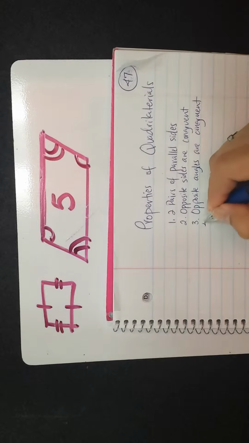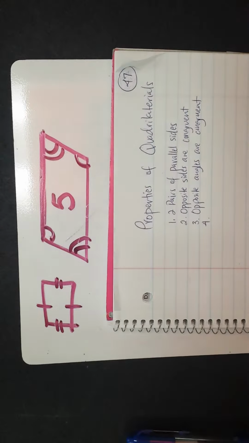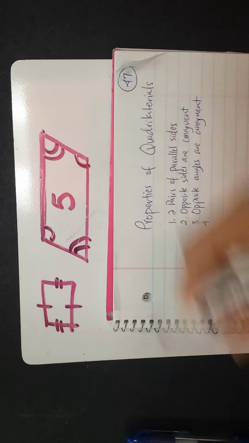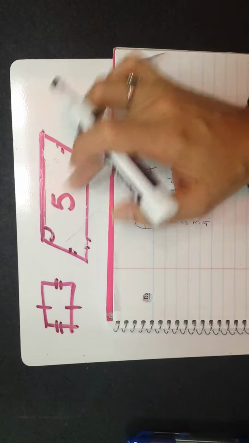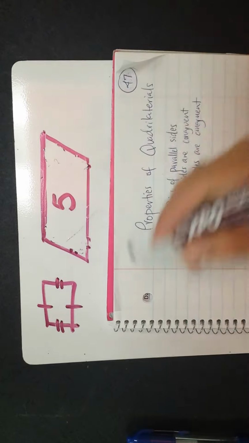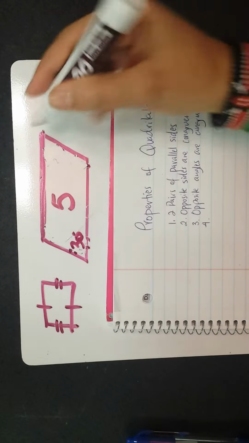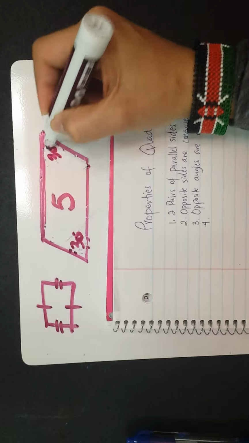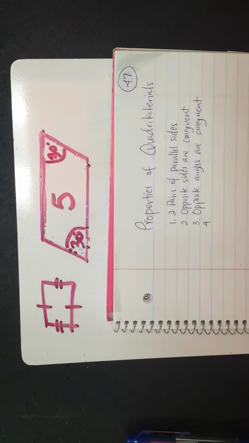All right. Now, because opposite angles are congruent, there's going to be one more that's going to come out of it. So let's say, for example, this one right here. Let's pick easy numbers so we could do this. Let's pick 30. If this is 30, opposite that has to be what? 30. Now remember, this is still a quadrilateral, so all of them have to add up to what?